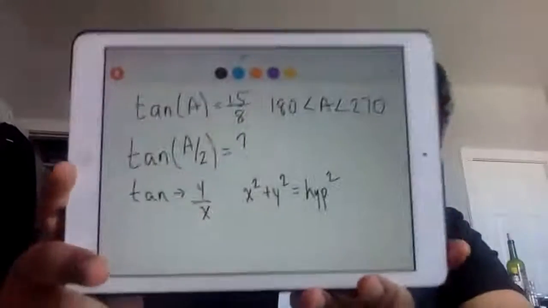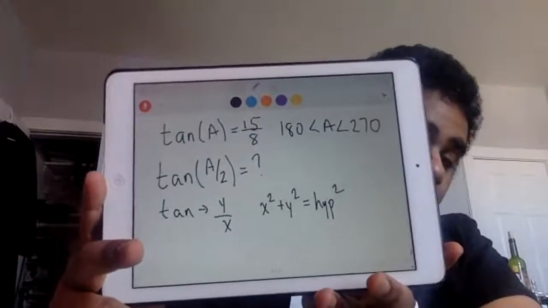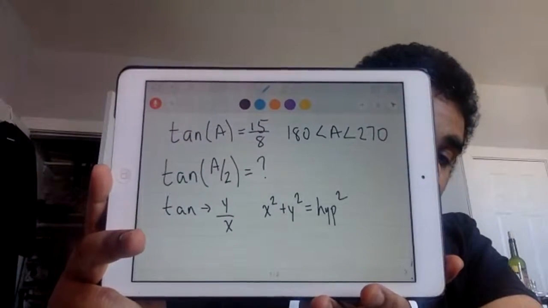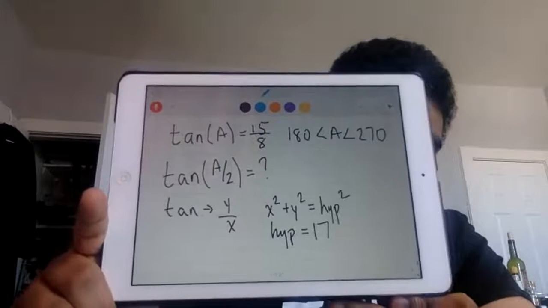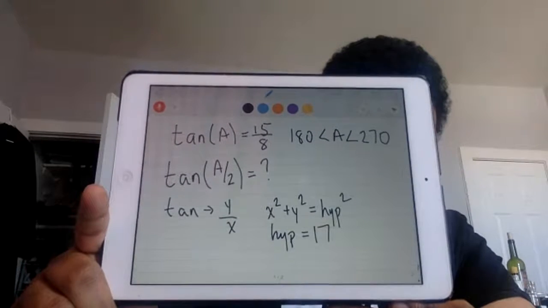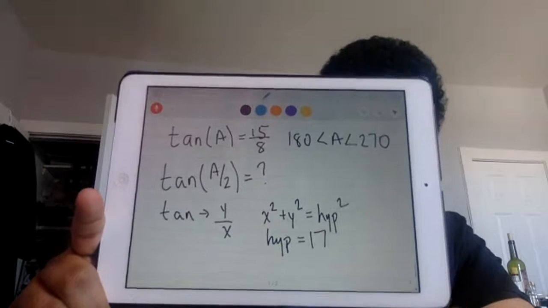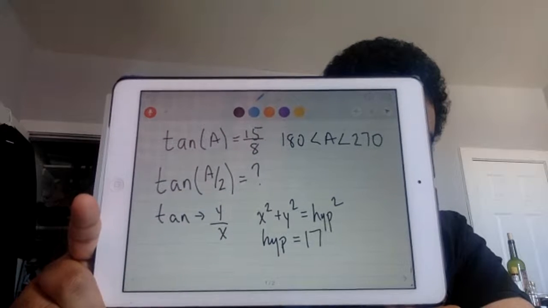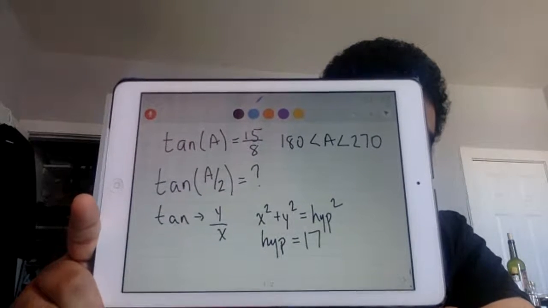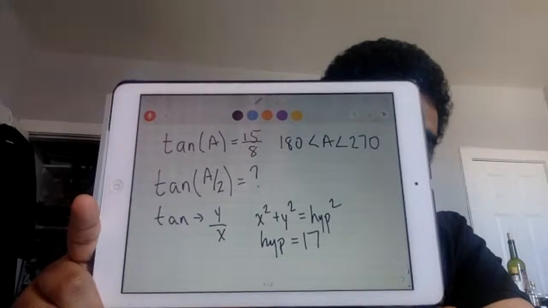Okay, so today's work is pretty much very similar to yesterday's, where we need to know what cosine of A is. And in this example that I was showing before, this is number 2, the hypotenuse is going to be a positive number, as a hypotenuse is a length, and length needs to be positive. Remember that cosine is x over the hypotenuse.